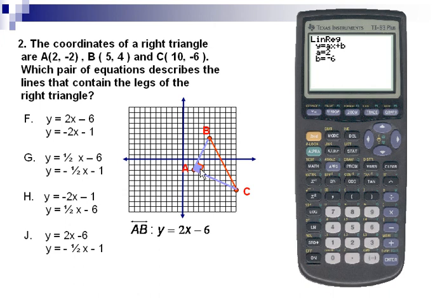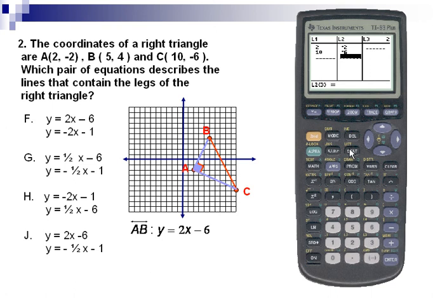Let's find the equation that contains the points A and C. Go back to STAT, edit, and clear out the points that are there. Into list 1, we want to put the x values for points A and C. So input 2 and 10. In list 2, we want to put the y values for points A and C. So input -2 and -6.